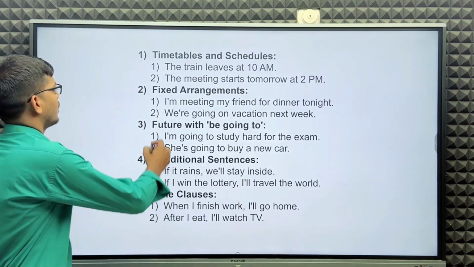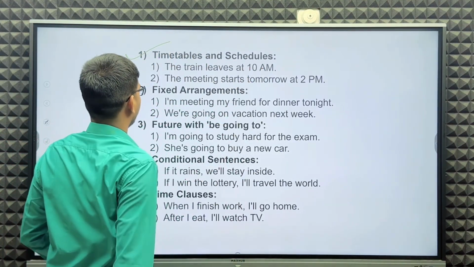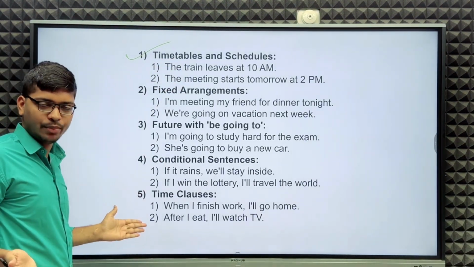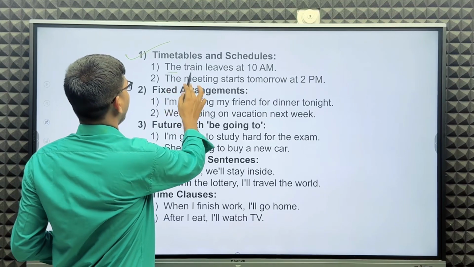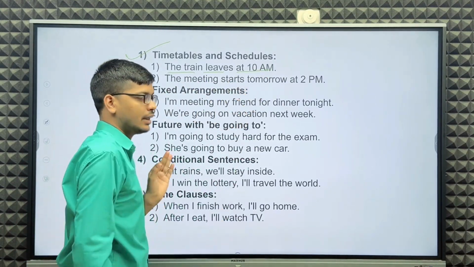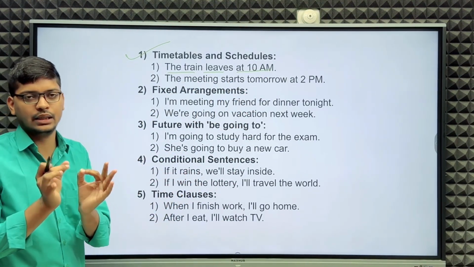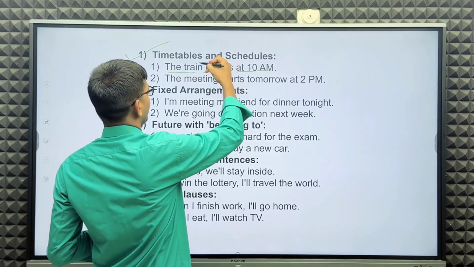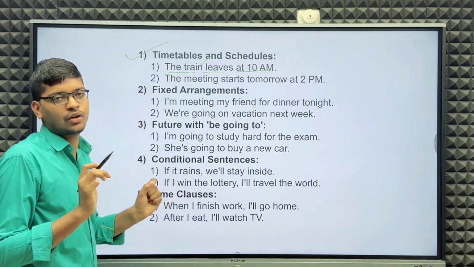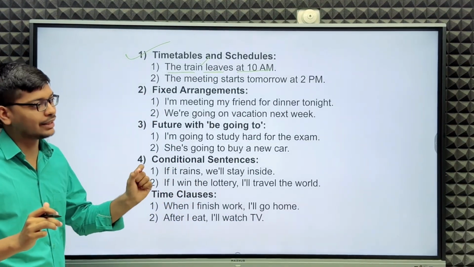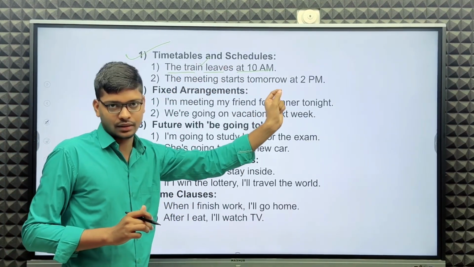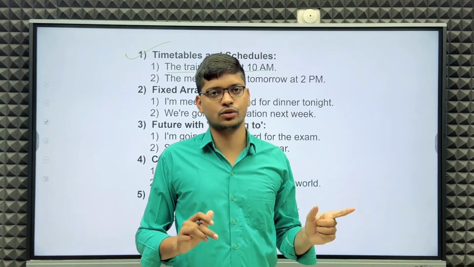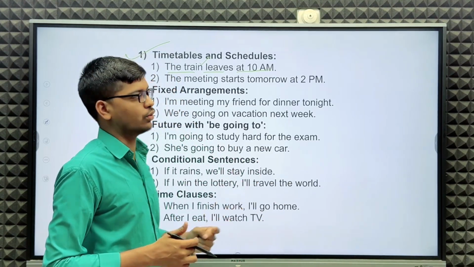First, timetables and schedules. With timetables and schedules we can use the simple present tense, like the train leaves at 10 a.m. So this is a future event, but it is exact. This is a fixed situation. So we have to use the simple present tense rules.